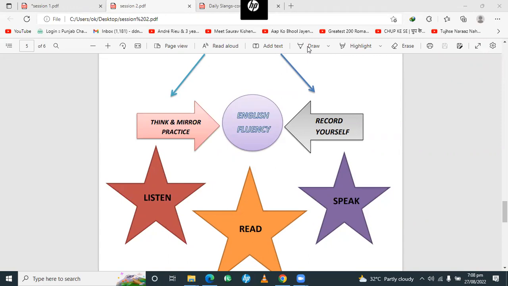Now, write in the chat box which kind of problems you are facing while speaking English. Then I'll tell you the solution, because the very first thing you must know is what your problem is. Write in the chat box your problems. Hesitation, okay. Fear, okay.